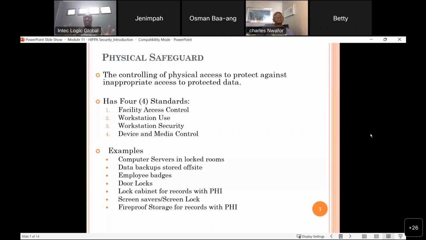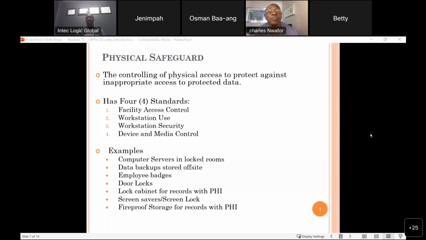So we have a physical safeguard, right? The physical safeguard is the controlling of physical assets to protect against inappropriate access to protected data. Here we have 4 standards. Facility access control, which some literature calls physical access control, is the same thing.